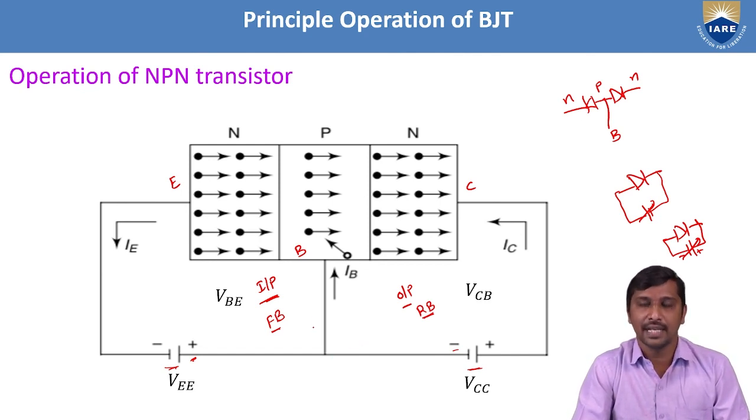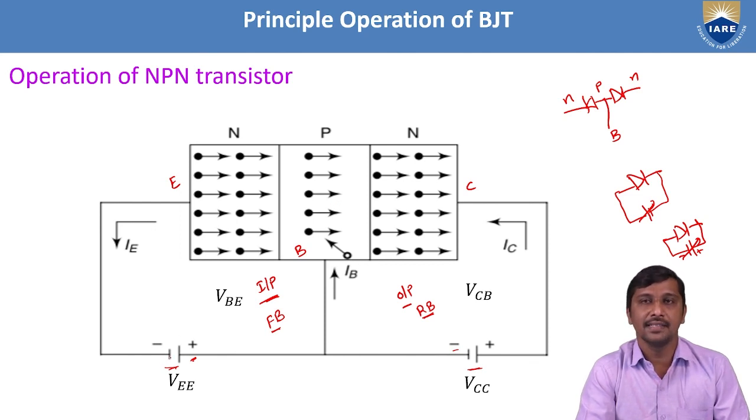Now, with respect to this biasing, what happens here? The emitter contains N-type material, where the majority charge carriers are electrons. The electron is a negatively charged particle. When we apply the negative terminal to it, it repels the charge carriers towards the other region.